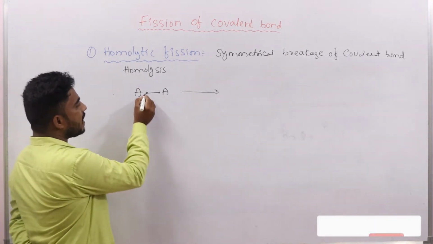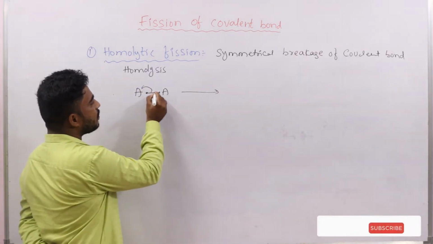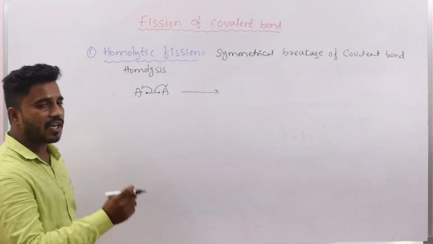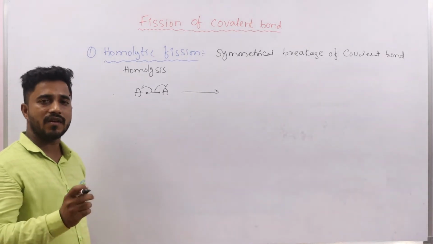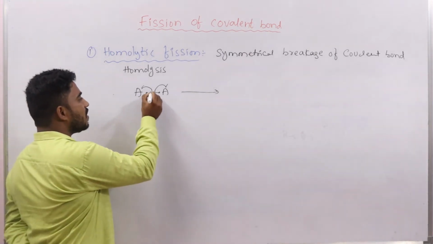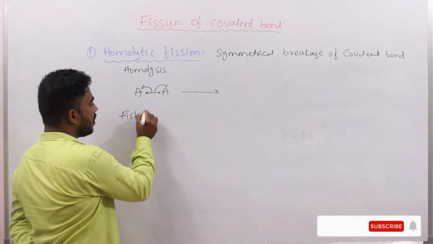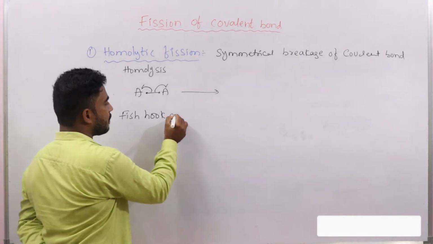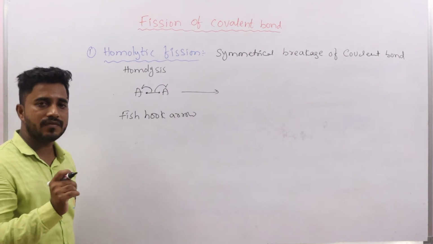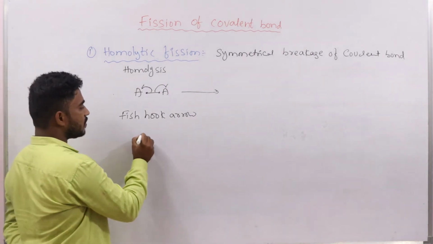One electron moves towards one A atom and one more electron moves towards the other A atom. The equal distribution of electrons between two atoms is indicated with a fish hook arrow.